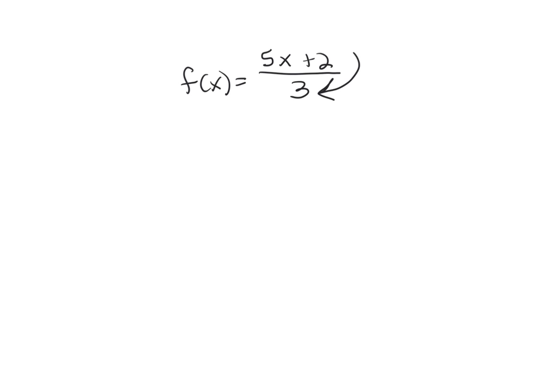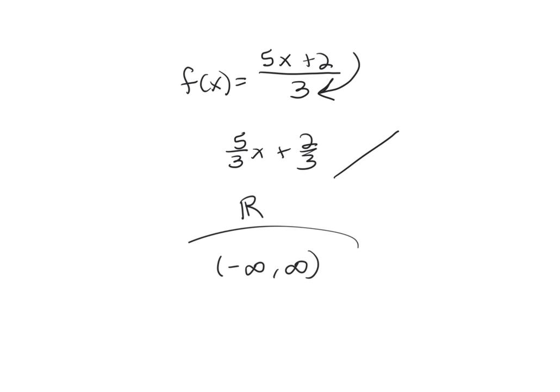So this is actually just a linear function in disguise. It would be like 5/3 x plus 2/3. Just a straight line. So this is continuous. The domain is all real numbers. And another way to write this is from negative infinity to positive infinity. So it is fully continuous.